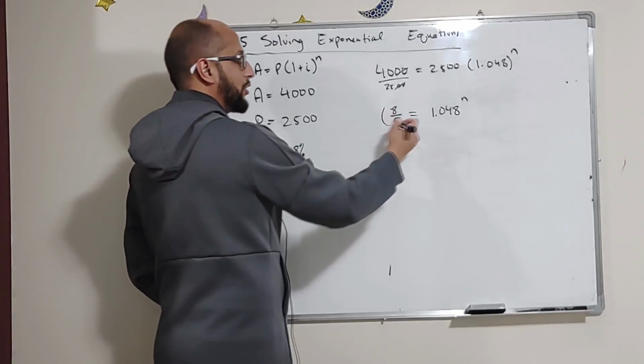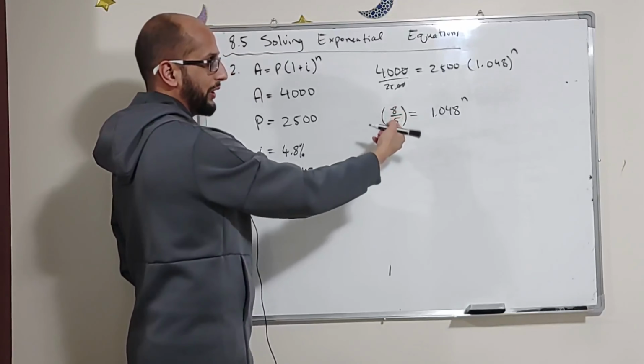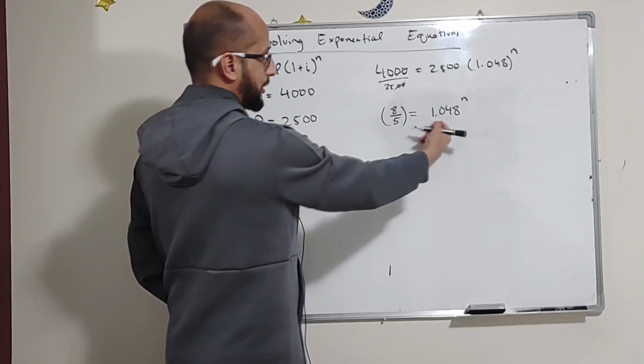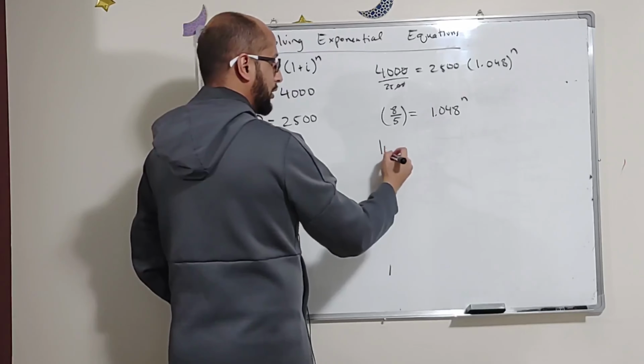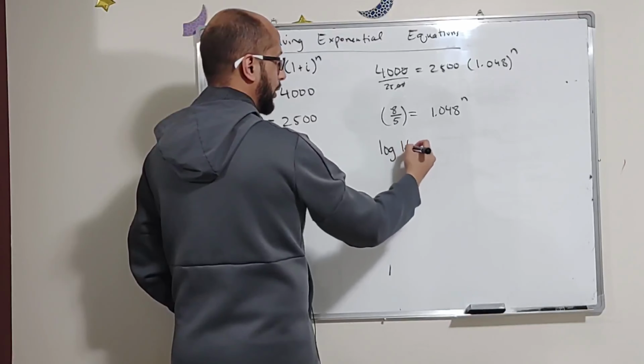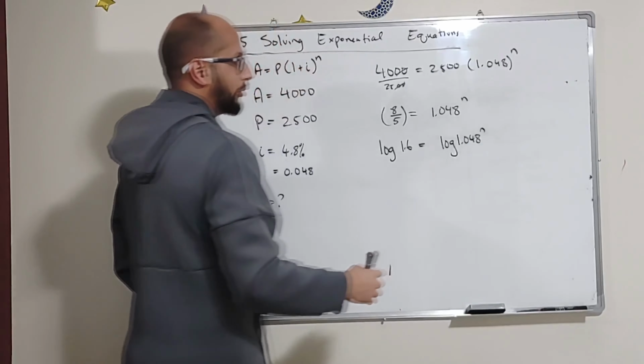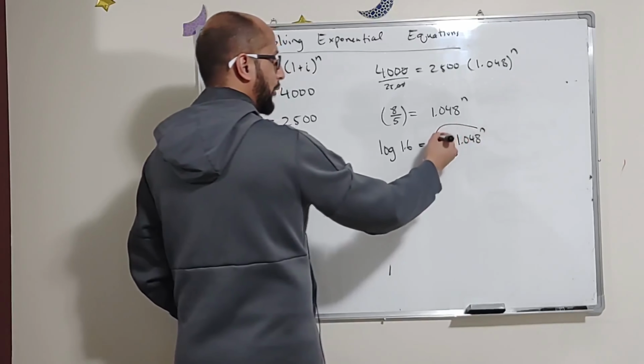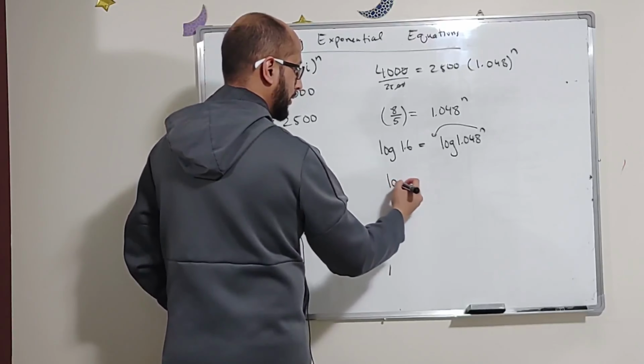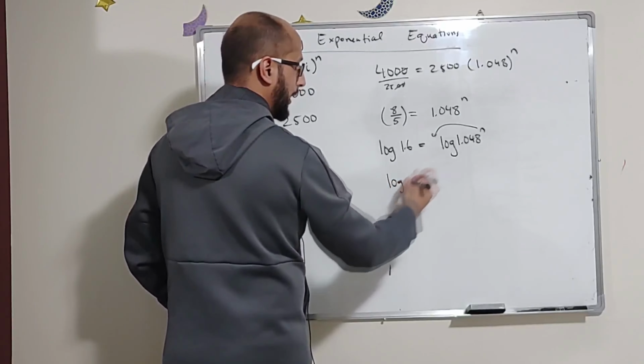Clearly, this is one of those situations where I cannot represent this 1.6 as 1.048 to the power of something. So instead, what we're going to do is take the log of both sides. So we'd have log of 1.6 is equal to log of 1.048 to the power of n. And then once we bring n down, log of 1.6 is equal to n log 1.048.